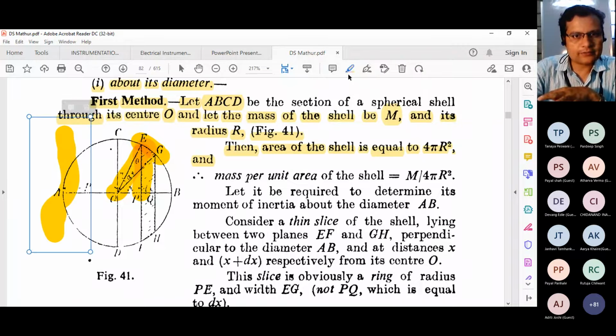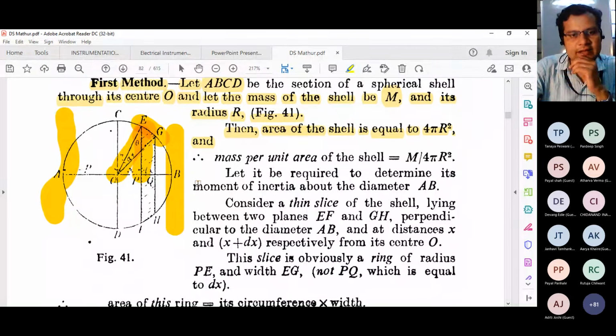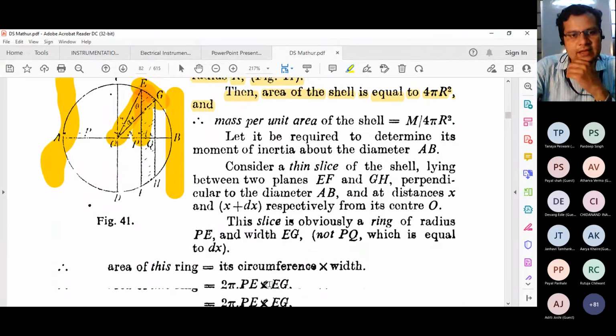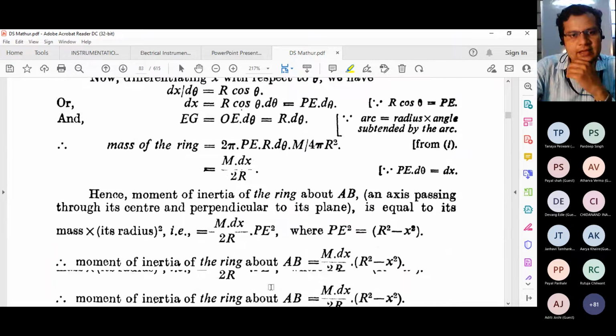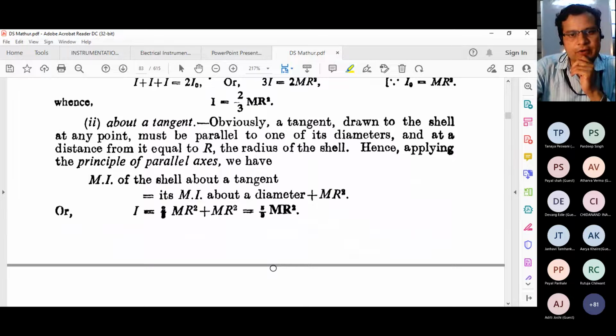We need to consider the moment of inertia of the whole body and at what distance the particular tangent is drawn, at which point. So for the moment of inertia about a tangent, you just add mr square to the moment of inertia about its diameter.